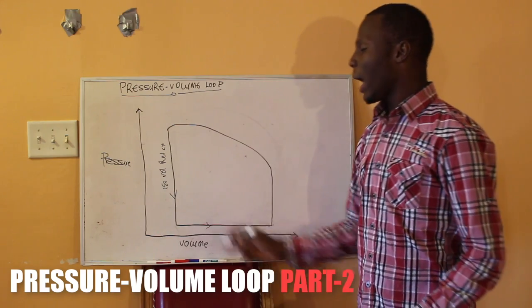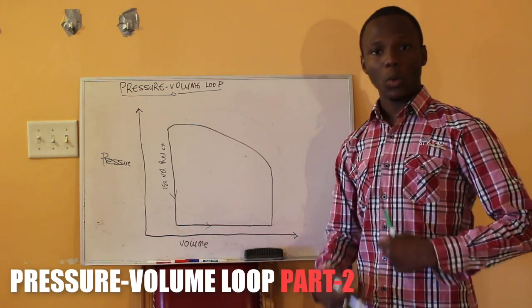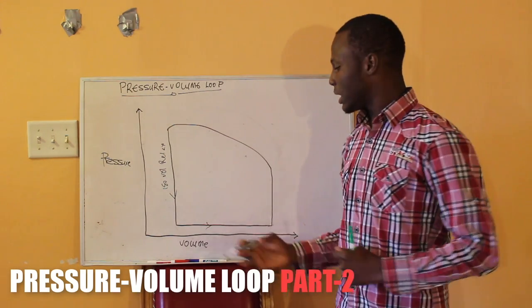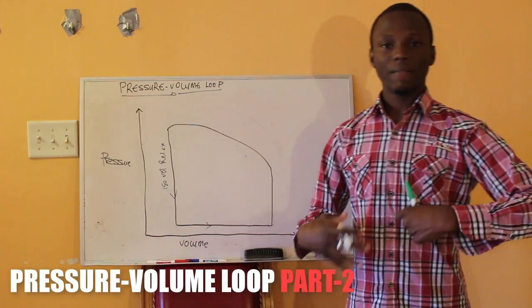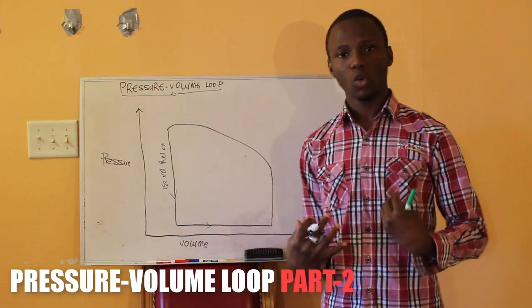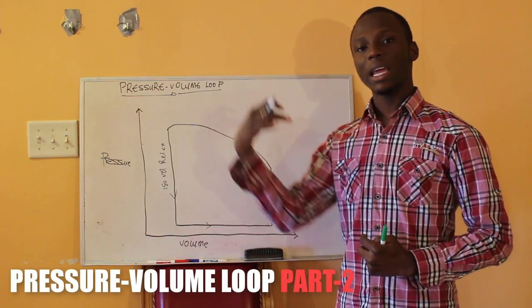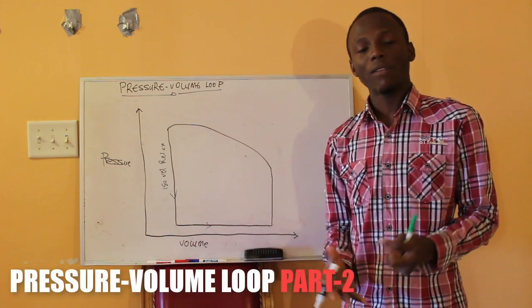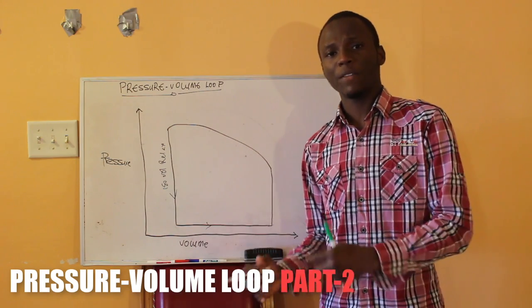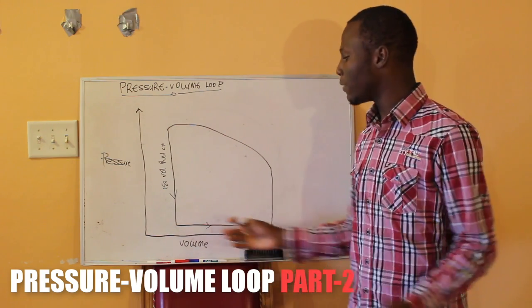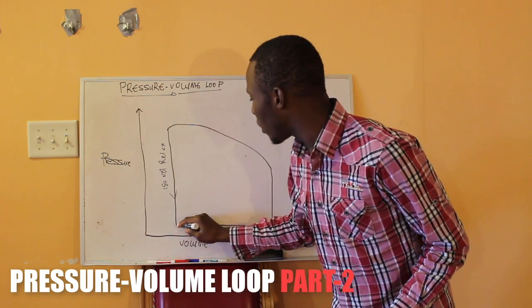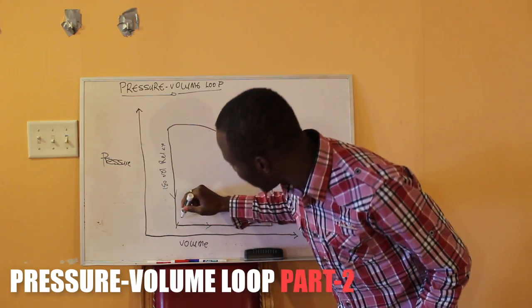Then after isovolumetric relaxation, we have the graph going towards the right, and this is the phase we call the filling phase, right? This is the filling phase whereby the pressure in the ventricle is now lower than the pressure in the atrium. Then our mitral valve, our tricuspid valve, opens, and we have rapid filling.